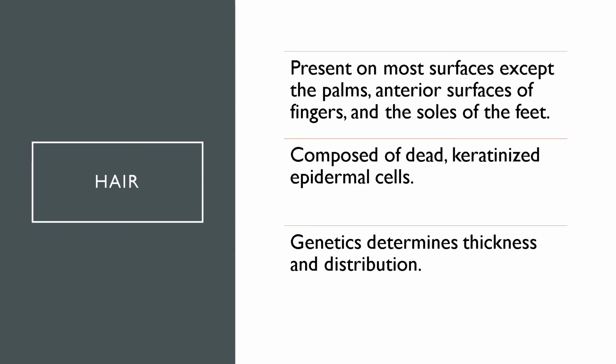Now, hair is going to be present on most skin surfaces, except for the palmar surface of the fingers and soles, and also the plantar surfaces of the feet. Even though the protection that it offers is pretty limited, the hair on the head protects the scalp from injury and from the sun's rays. And it also helps to decrease heat loss from the scalp, for example, in winter.